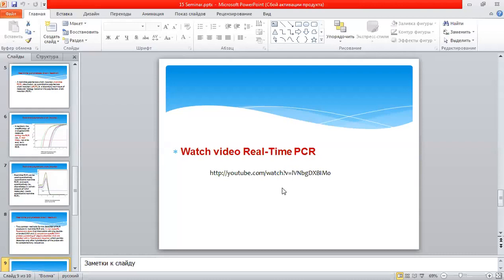And in real-time PCR, we use fluorescent dyes hybridized with the nucleotides or probes of DNA. And in conventional PCR reaction, we use ethidium bromide dyes for detection.